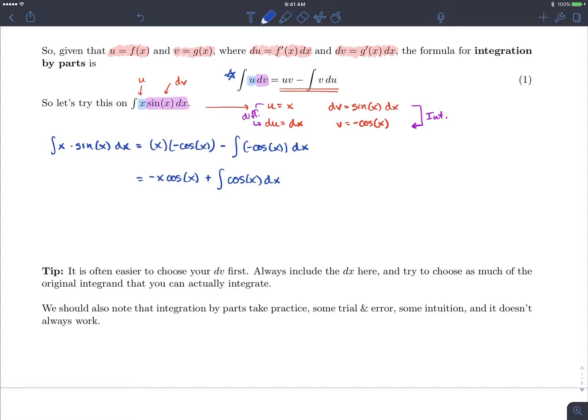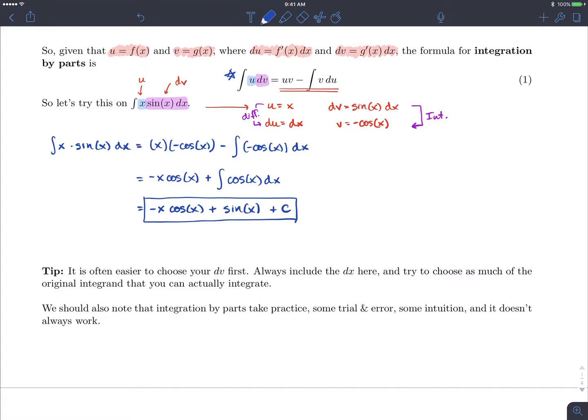In this case, we know how to integrate cosine, that's just sine, and now we're done. So we've got negative x cosine of x plus the integral of cosine, which is sine of x, and then we'll put on that plus c. That's a nice basic example of how integration by parts works.